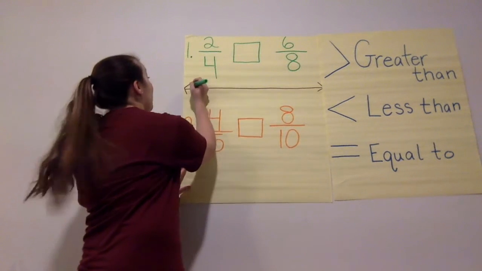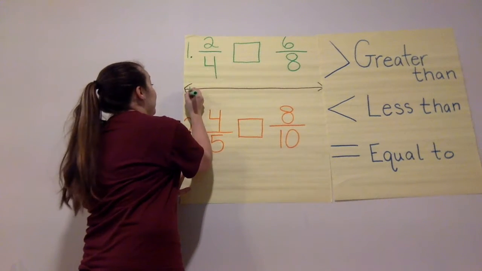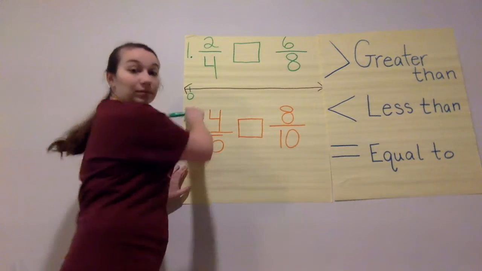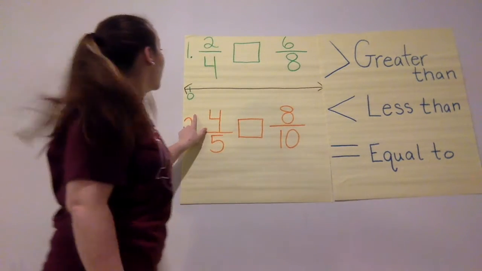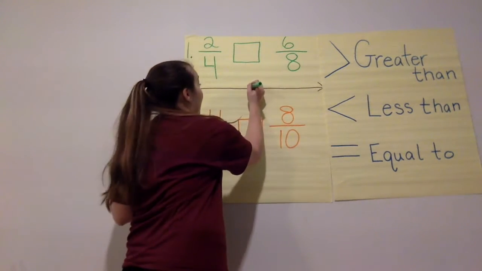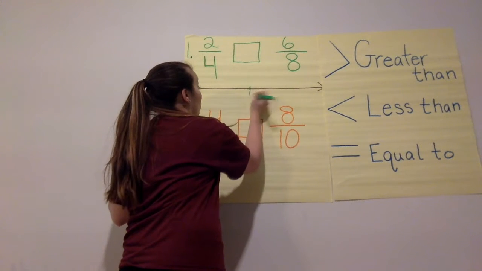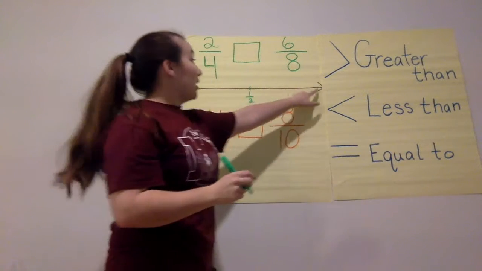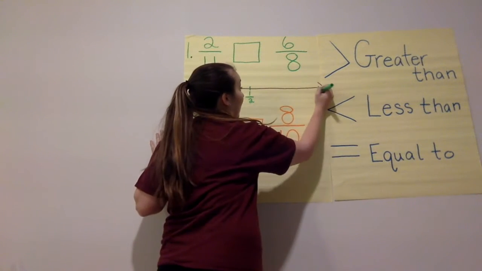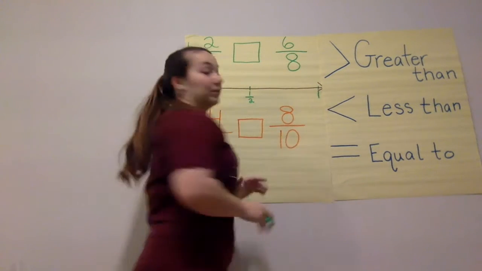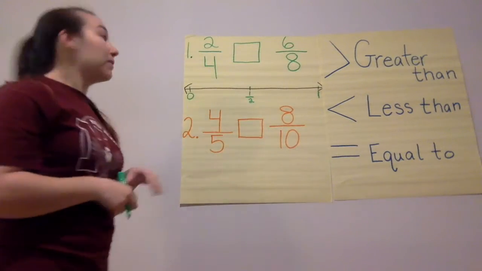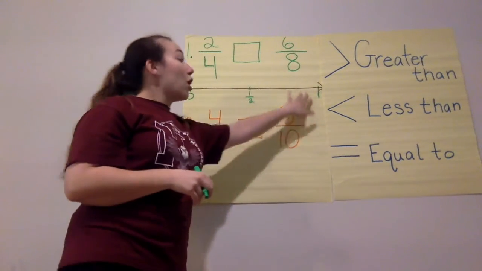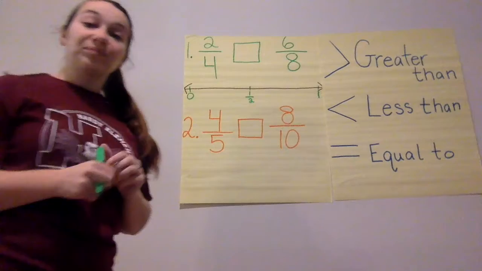So our benchmarks are going to be 0. It's going to be 1/2. So right in the middle, 1/2. And then 1 right at the end. All right, so we have our three benchmarks, our 0, our 1/2, and our 1.